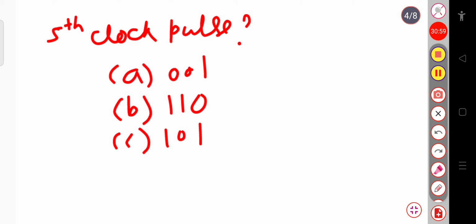These are the options, and you have to tell which one is correct. What is the fifth clock pulse?